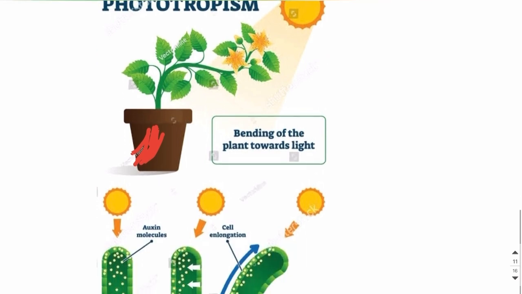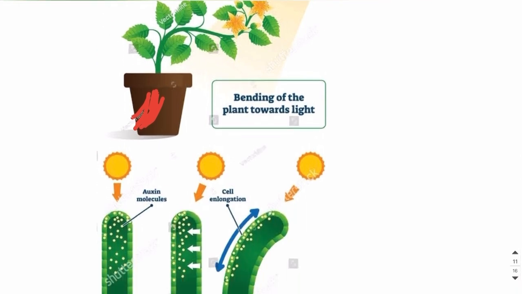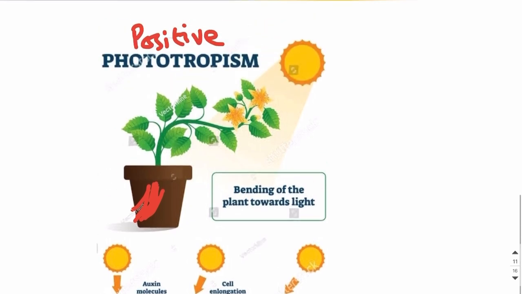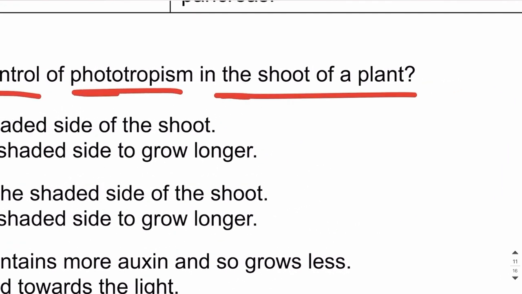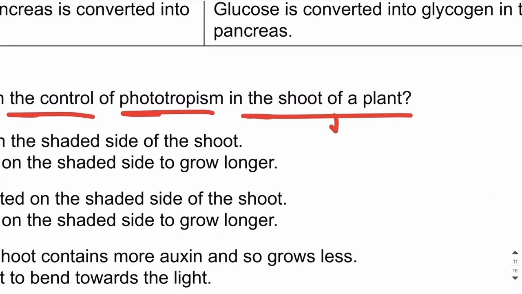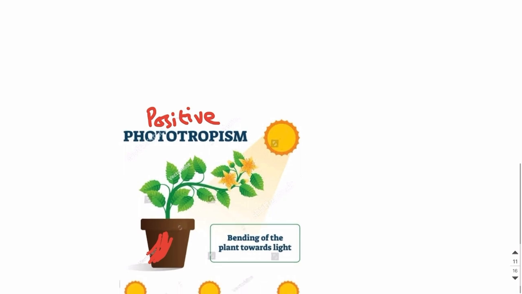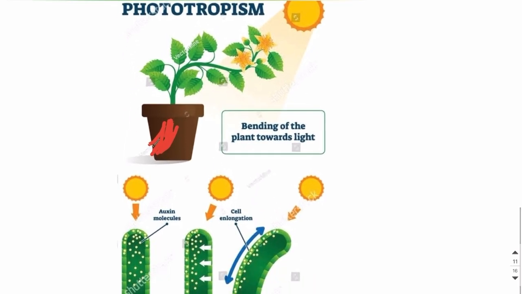So we have to state the role of auxins in phototropism in shoots, and always remember that in shoots there is which phototropism? Positive phototropism, right? So what is the role of auxins in the positive phototropism?